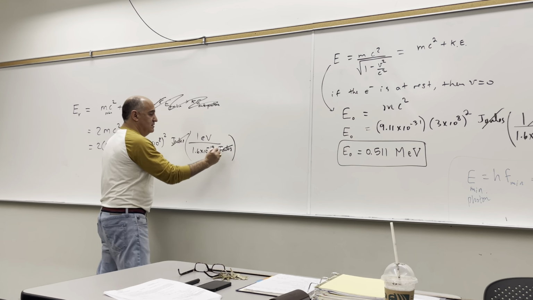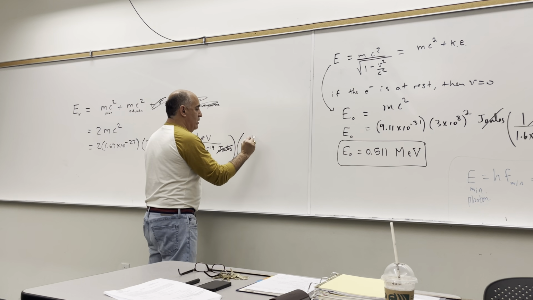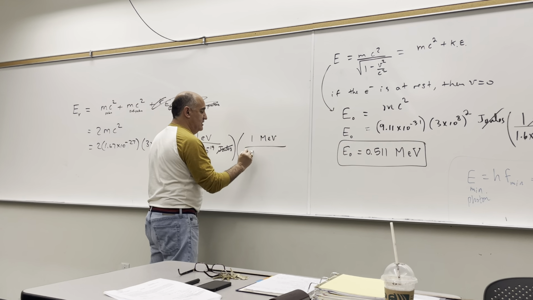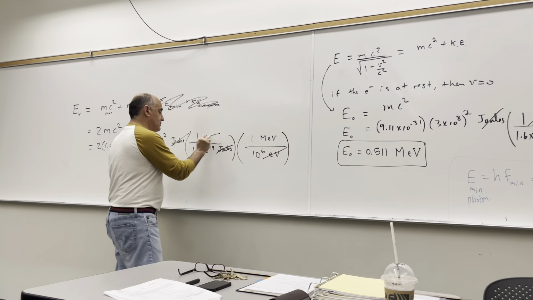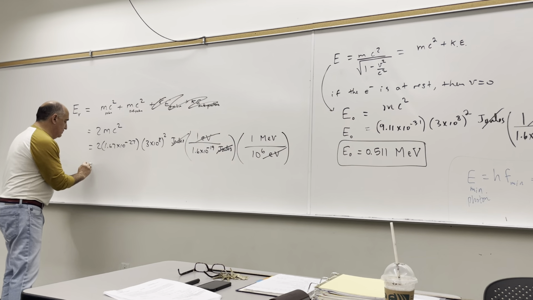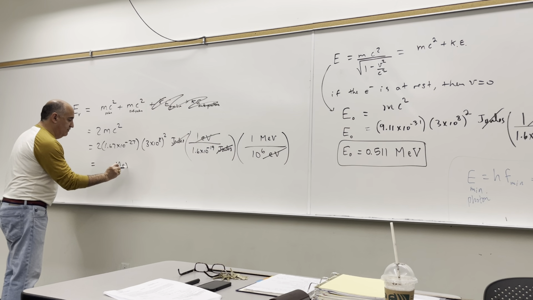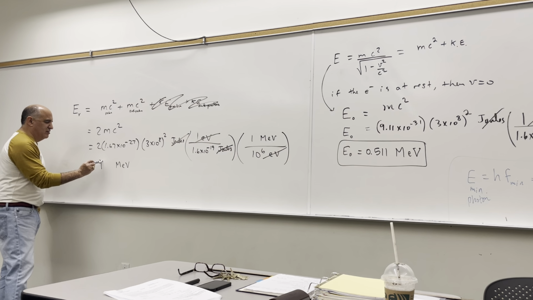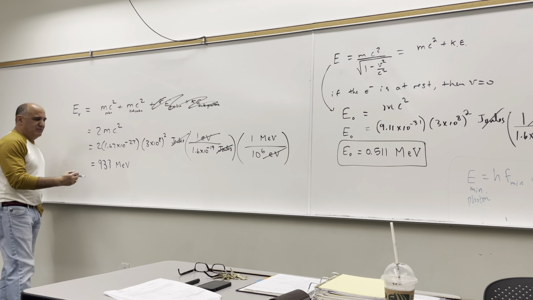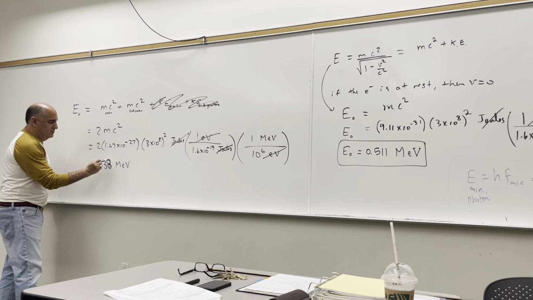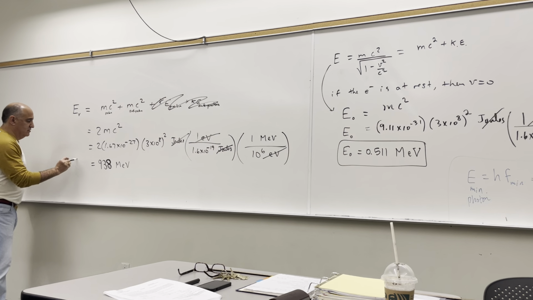That cancels this. And then 1 million electron volts is 10 to the 6 electron volts. So the electron volts cancel, and I'm gonna get an answer in million electron volts. It's something around 938.37, something like that. Maybe one of you can help me out. Let's say that's the answer.